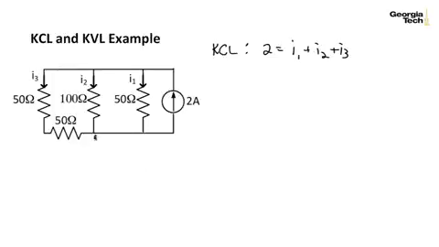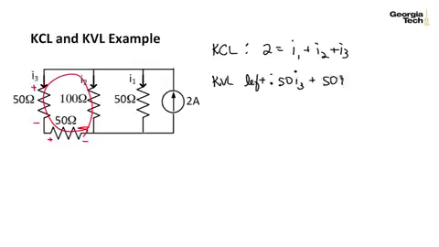Now, on the left side, I can do a KVL. So if I'm going to be going around this way, that's going to be a plus and minus because of the direction of the current, and that current's also going to be flowing through this component. So now if I write that, I'm going to be doing 50 times I3 plus 50 times I3, and then this is going to be a minus here because the current's coming from this direction, so it's a minus 100 I2 is equal to 0.